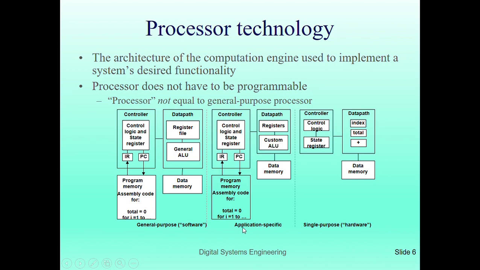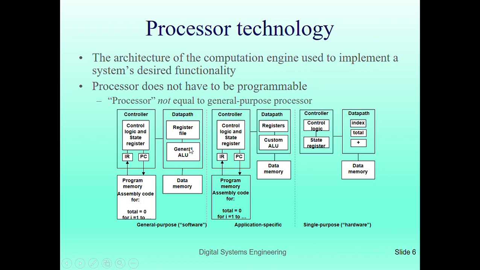The second one is the application specific microprocessor, and this third one is the single purpose processor. So here you can see the controller and the program memory, the data path, register files, the general ALU, and data memory, and you will find similar things in the application specific microprocessor, but the difference is in the ALU.